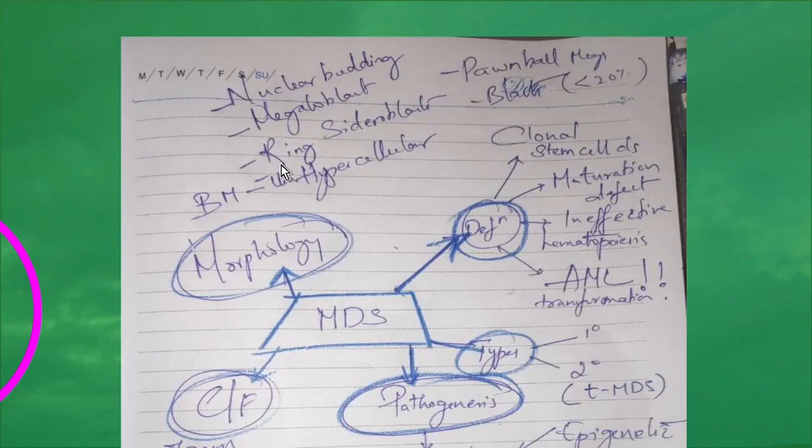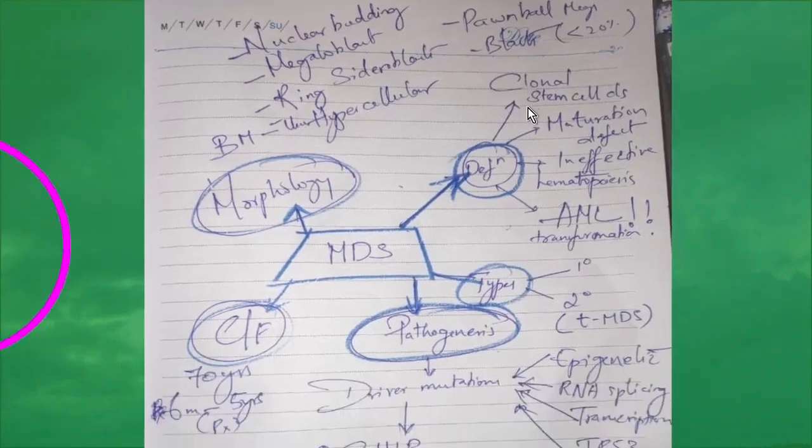And one nice change in megakaryocytes is pond ball megakaryocytes, where multiple lobules will be there in the shape of different balls, and blasts may be present but less than 20%.